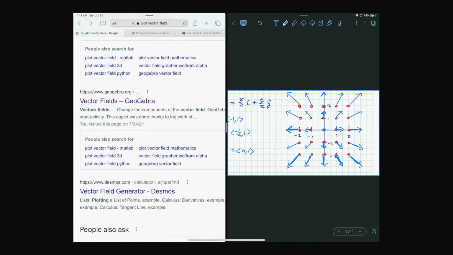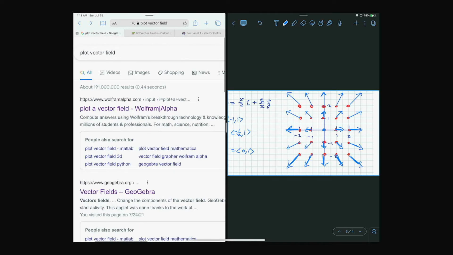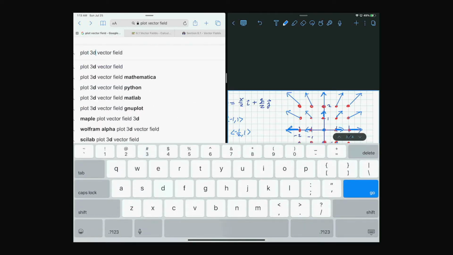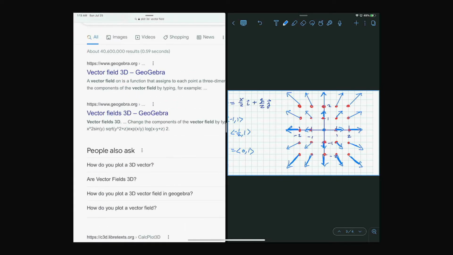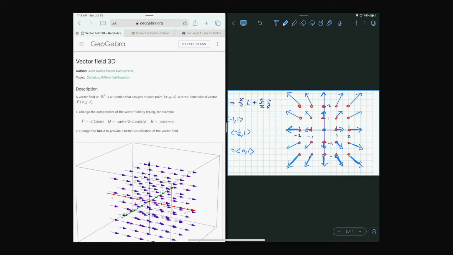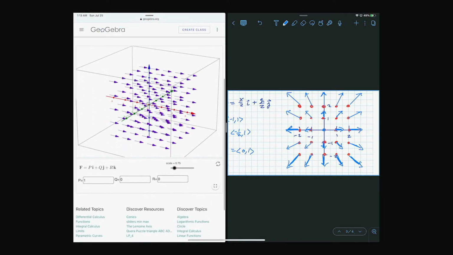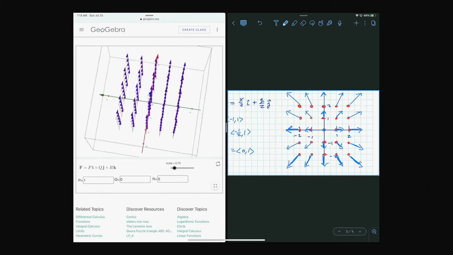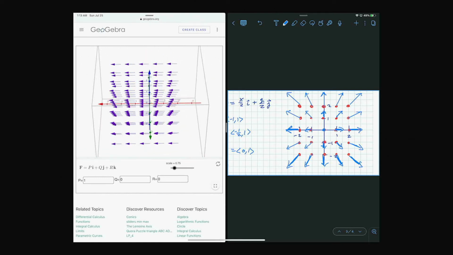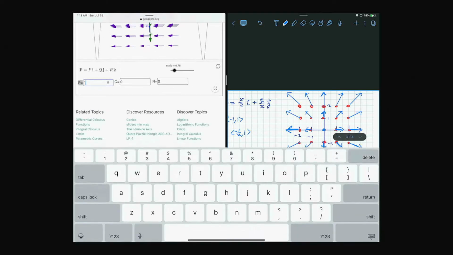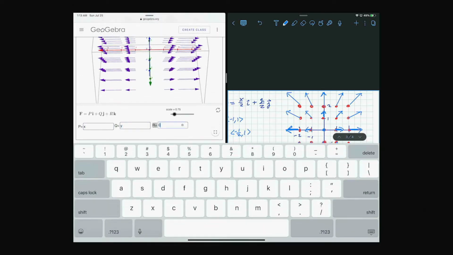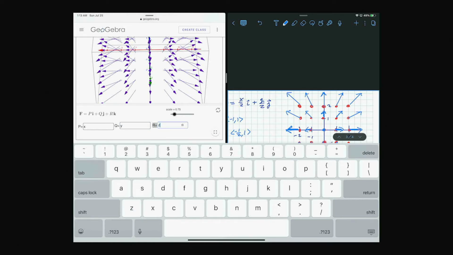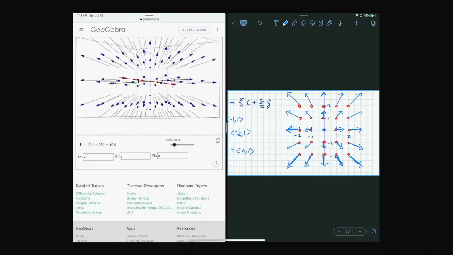So that's another plotter there. If you need to plot them in 3D, I haven't checked that, but if you check plot 3D vector field, probably Wolfram can do it. Well, we can try GeoGebra. Oh, yeah, look at that. That's nice. That is nice. So you would be able to type in your functions here, I think. X, Y, Z. Look at that.